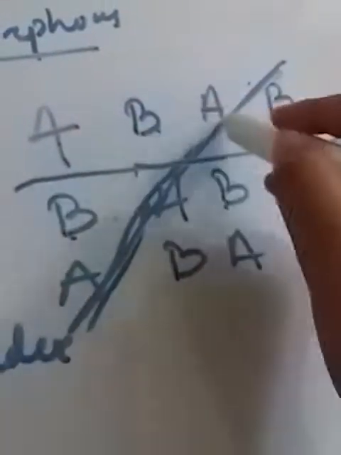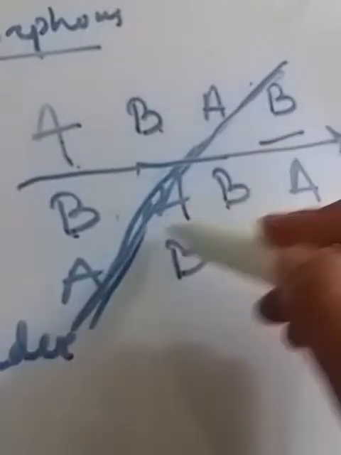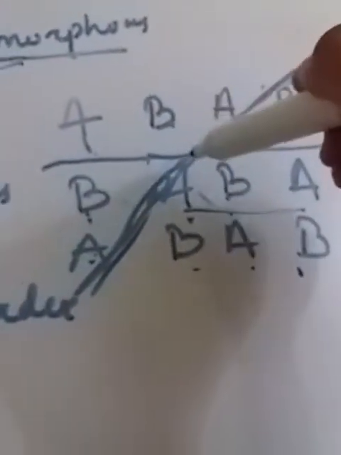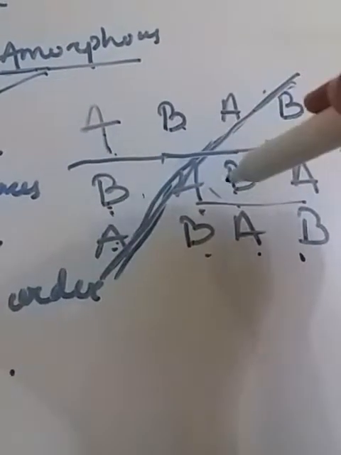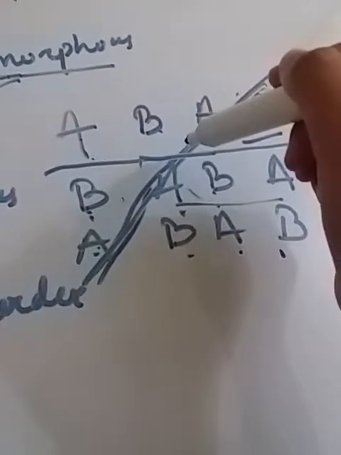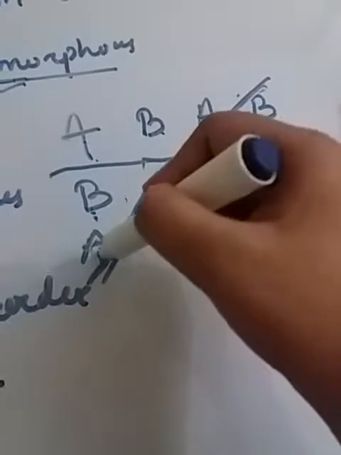Here A, B, A, but here only B. Here B, only here A, B, A. Here you find A, here B, A, B. So do you get the same things on reflection? It says anisotropic means from anywhere you cut the structure, any part of the structure, you get the same thing on both sides. But here you get different things. Isn't it?